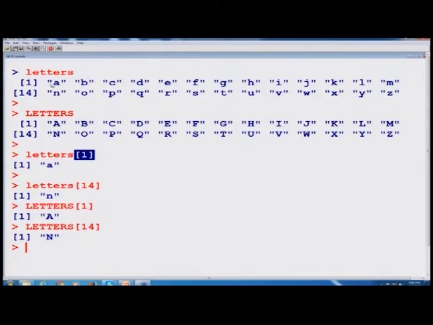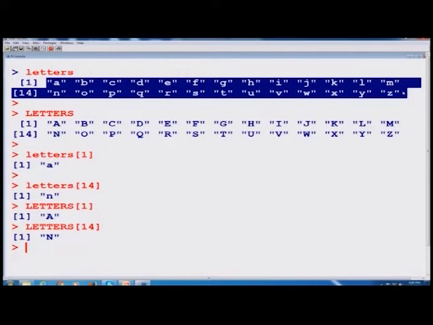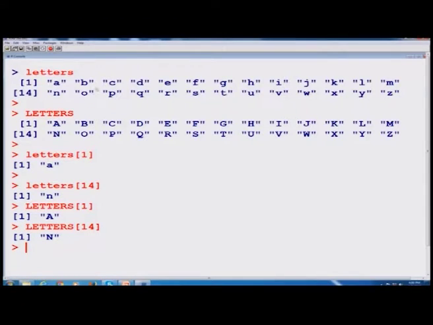And when I see these sequences of letters, I can say here that the first letter which I am highlighting here, A, is in the first position, the second letter B is in the second position, the third letter C is in the third position, and so on.